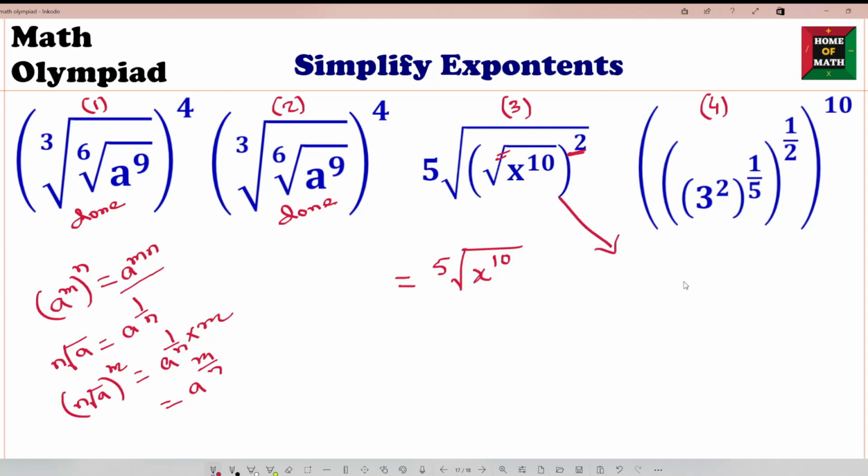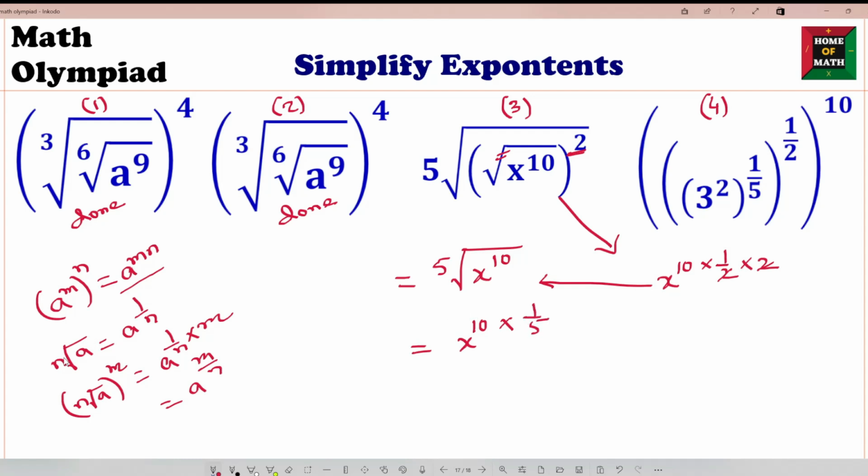Or, if we make it more clear, x to the power 10, then if we omit the root we can write 1 by 2, and this power will become times 2. So 2 and 2 we can cut. Our balance is x to the power 10. Same thing, x to the power 10 times 1 by 5.